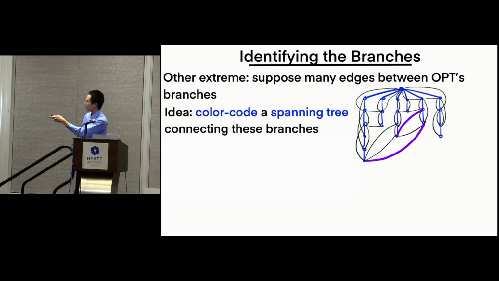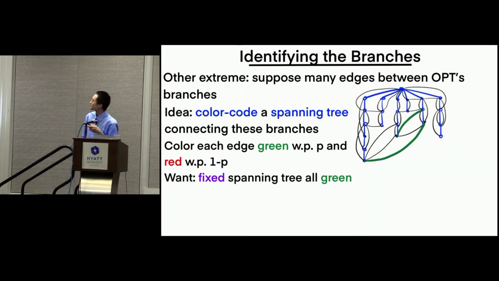Here, a spanning tree is only two edges, the purple edges. And we want to color the edges either green or red. Let's say in a successful color coding, we color the entire spanning tree green. So we fix the spanning tree beforehand, and we declare success if we color each of those edges green.